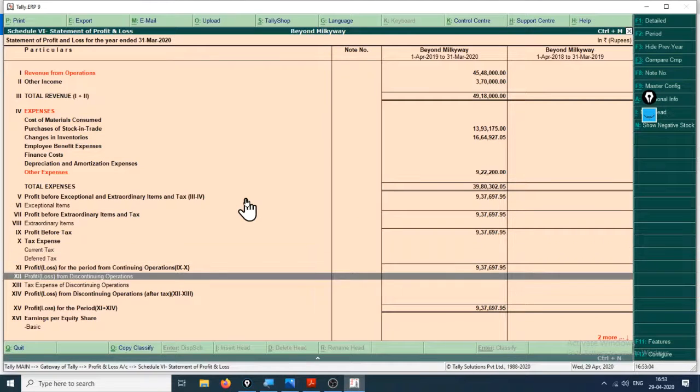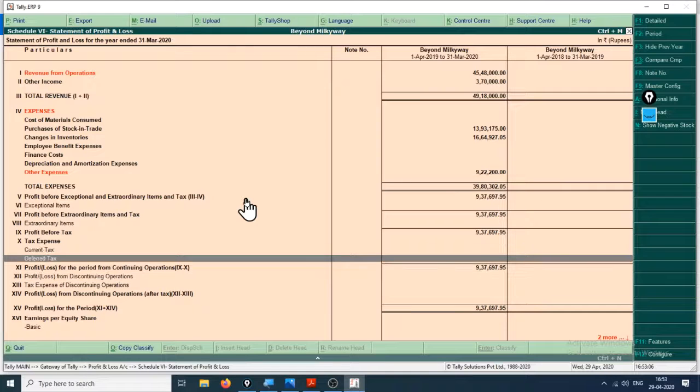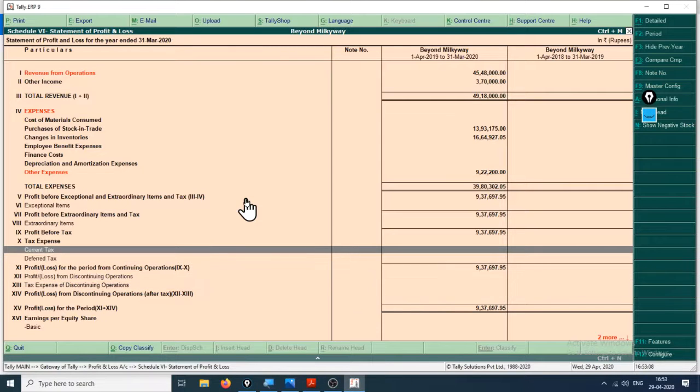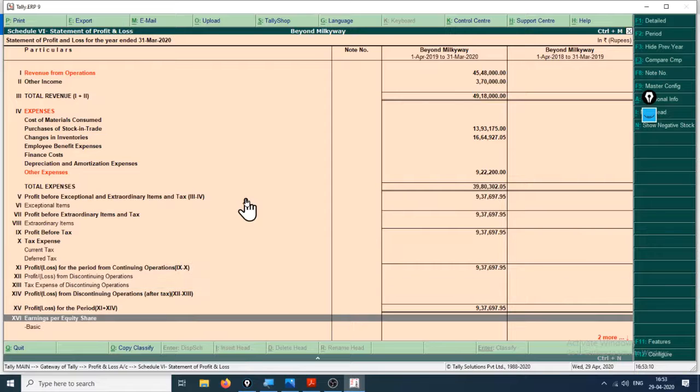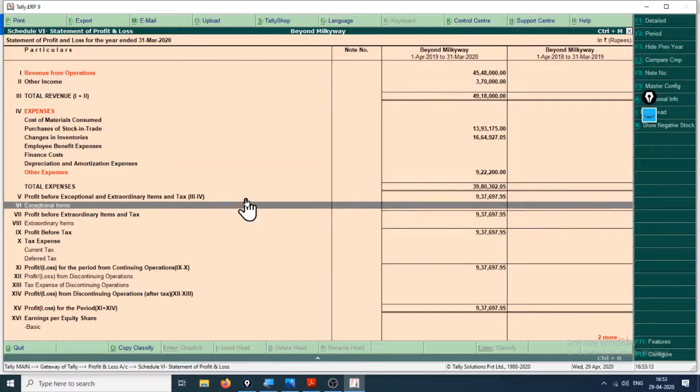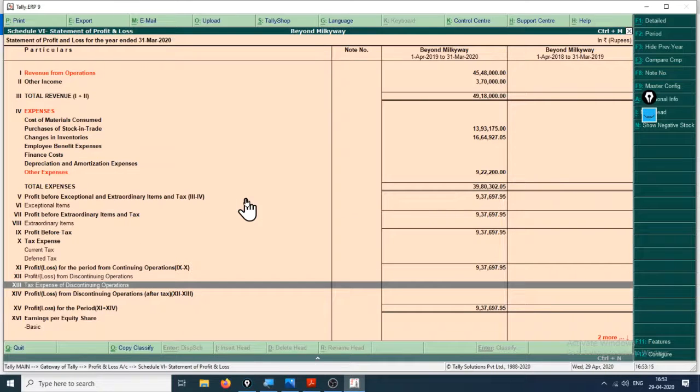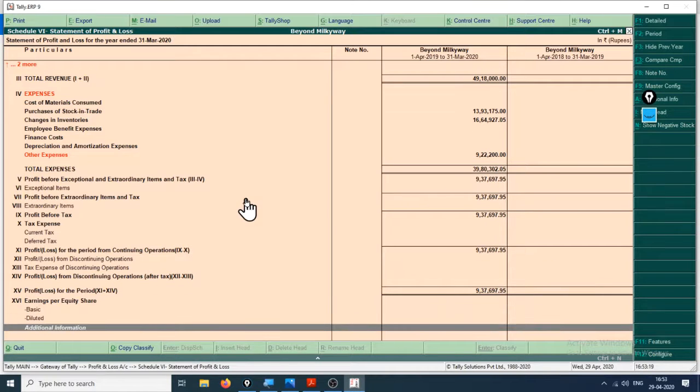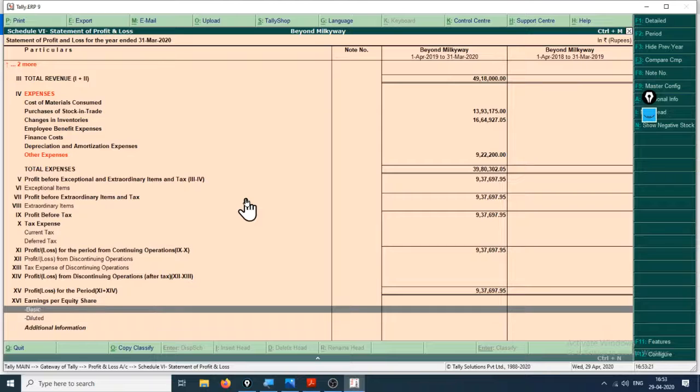These are the tax expenses, that is the current tax that we have to pay. As per the profits, it will be reduced, and there will be profit before tax and there will be profit after tax, that is PBT and PAT, profit and loss from discontinuing operation. And the total profit is then divided among all the equity shareholders.